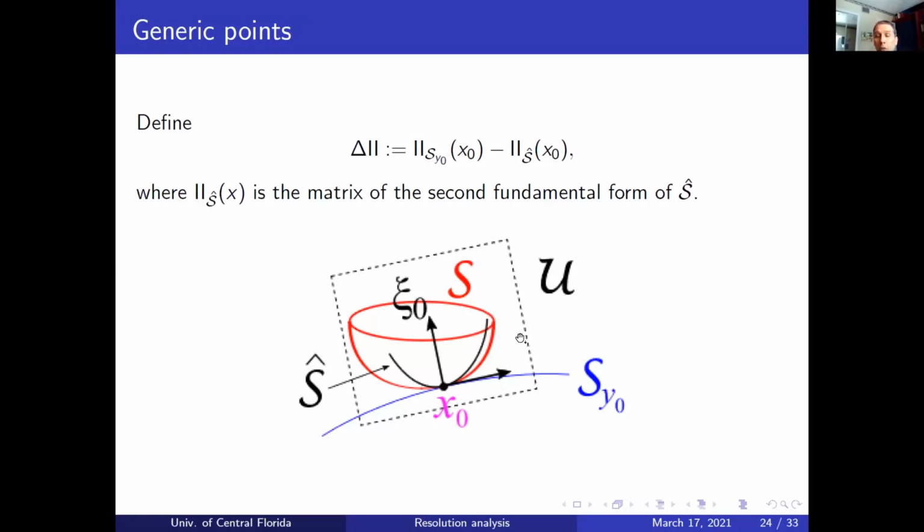The two dimensions could be different. And therefore, we look at the cross-section of capital S by a hyperplane that passes through X naught. And this plane contains Xi naught and the tangent space to S Y naught. And you get this S hat. Now S hat has the right dimension, and I can look at the difference of the second fundamental forms of these two surfaces. All right, so this is delta 2.